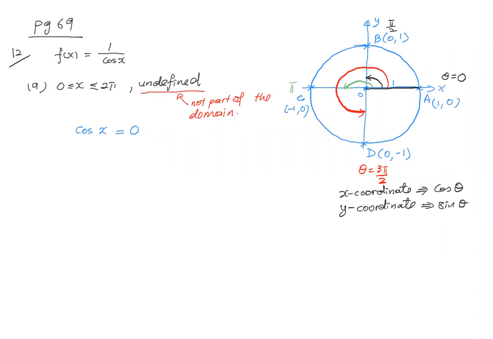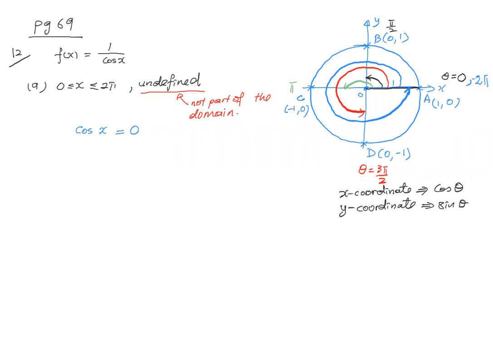Okay, if the angle now turns one big circle and comes back, it will become 2 pi.